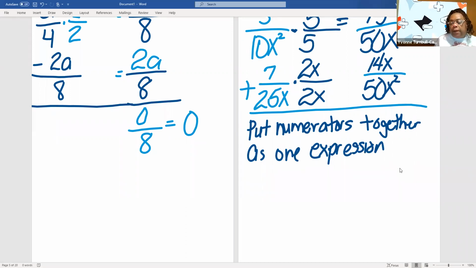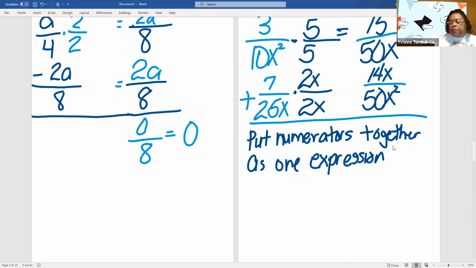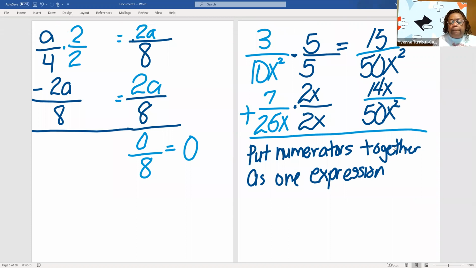So my numerator up top was, let me scroll down a little bit because I lost it. Okay, 15 plus 14x, 15 plus 14x all over 50x squared.